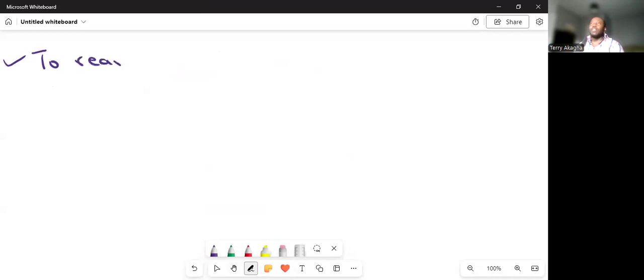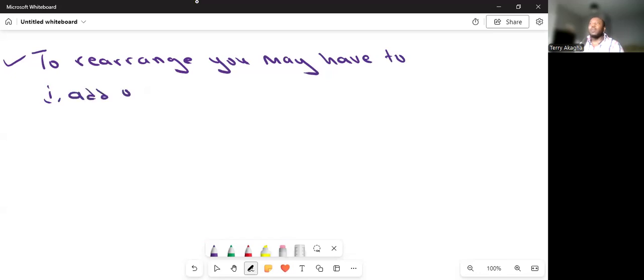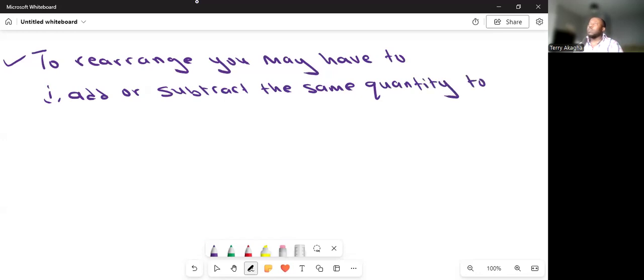So to rearrange, you may have to: the first thing you might have to do is add or subtract the same quantity to both sides. Okay? You can add and subtract the same quantity to both sides.